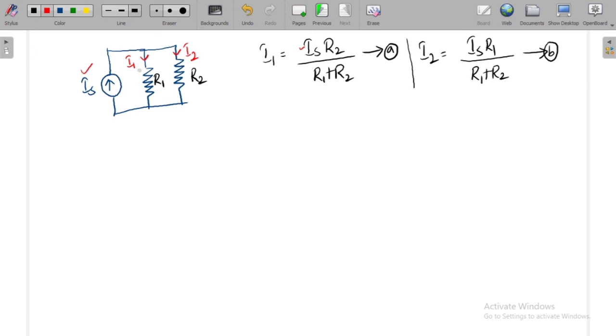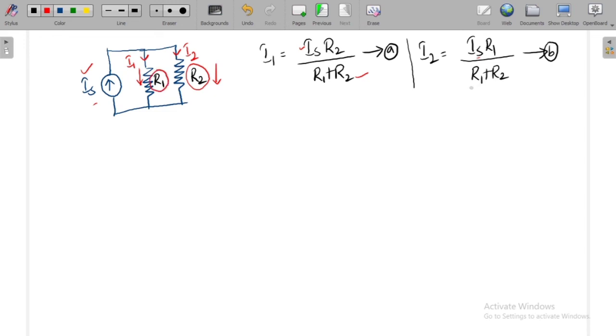In order to get I1, I multiplied Is with the resistance which is opposite to R1. In order to know the current flowing through R1, I need to multiply the source current with resistance R2 divided by the sum of all the resistors.